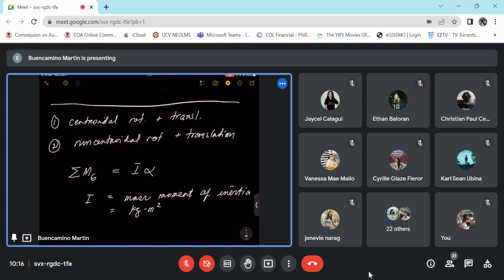And alpha is the angular acceleration, with a unit of radian per second square.